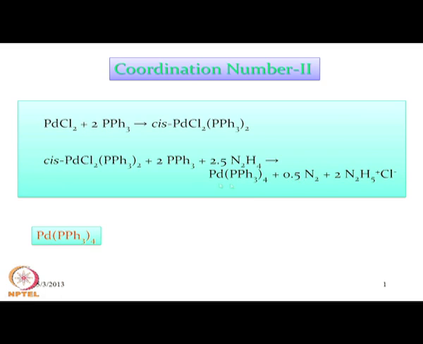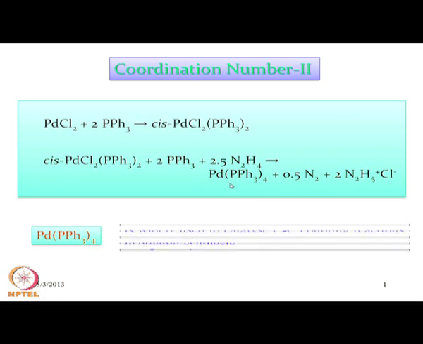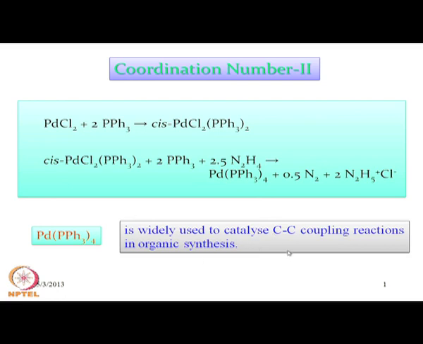So, we have this particular preparation based on the palladium chloride molecule, and it is a very useful molecule. Just now we talked about how it can settle between the two oxidation states of palladium, from palladium 0 to palladium 2+, and go for some interesting reactions. This species is widely used in a very important reaction in organic chemistry, the C-C coupling reactions.